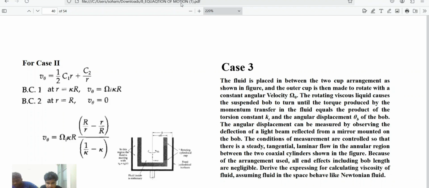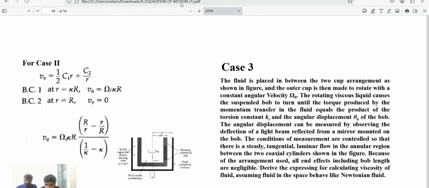So the assumptions which we are going to take in this question to make it solvable are that the conditions of measurements are controlled so that there is a steady, tangential, laminar flow in the annular region between the two coaxial cylinders shown in the figure.